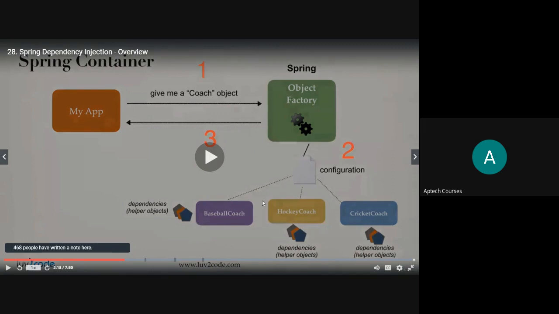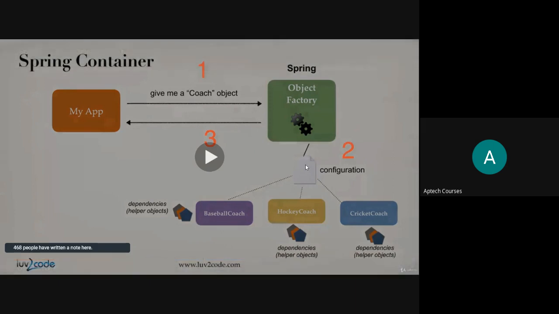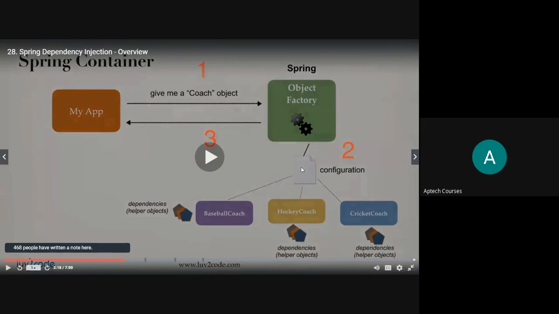Then it is going to fetch this baseball coach object based on the configuration file. So in the configuration we have to mention which coach object we want. Now these are all what we call helper objects or dependencies.